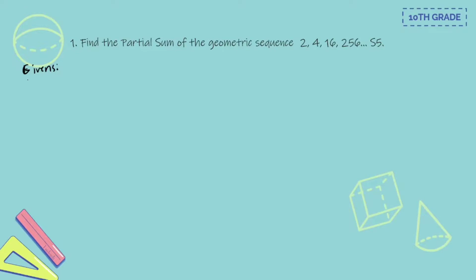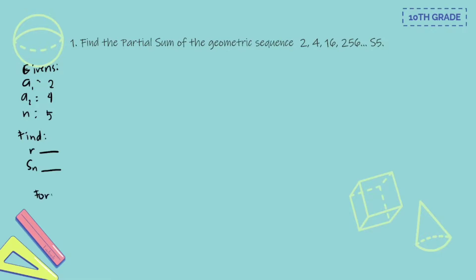So what are the givens? a sub 1, a sub 2, and n. Our a sub 1 here is 2, our a sub 2 is 4, and our n is 5. And then we're gonna find, so first the r, the common ratio, and then the S sub n.